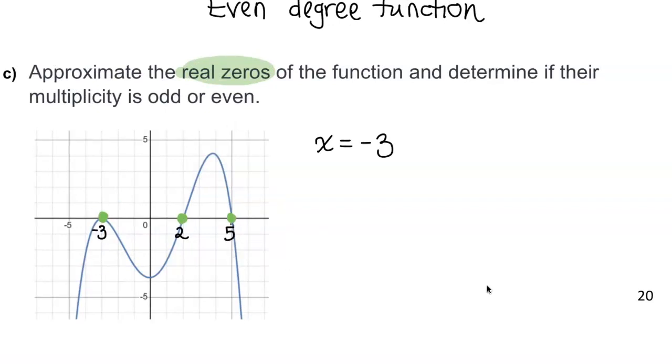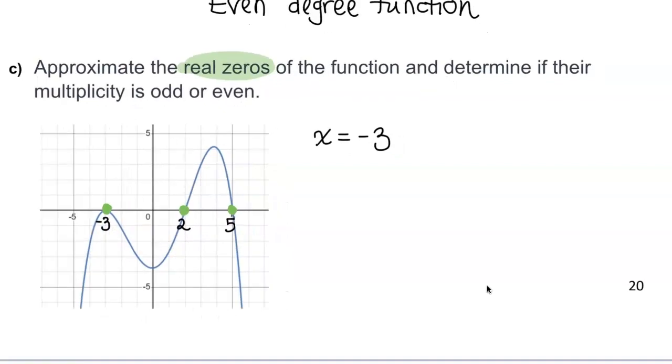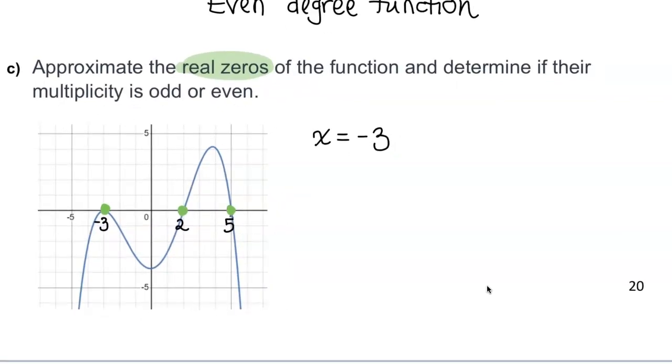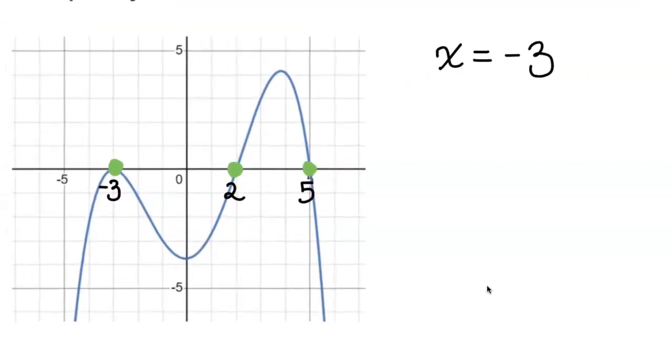And what they say is determine if their multiplicity is even or odd. Now, for that part, we have to remember, and I think that's from section 2.2, if the graph crosses, then it has odd multiplicity. So I'm going to look at the x-intercept of 2. Take a look. The graph, when it touches the 2, notice it crosses to the other side, right?